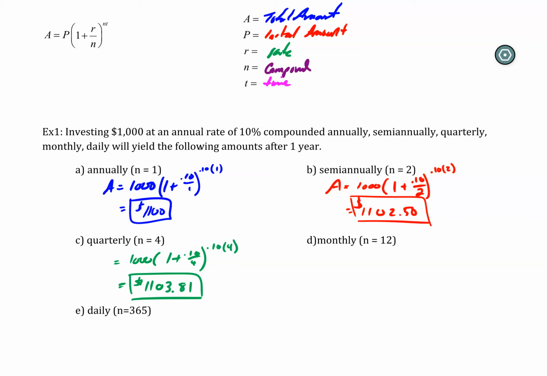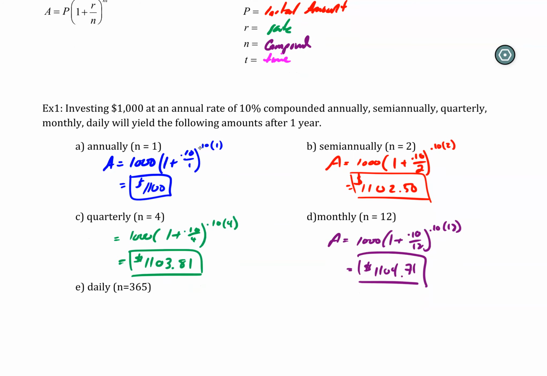Monthly, 1 plus 0.10 over 12. This comes out to be 1,104.71. So we're growing here, but obviously it's not a dramatic change for each of them.